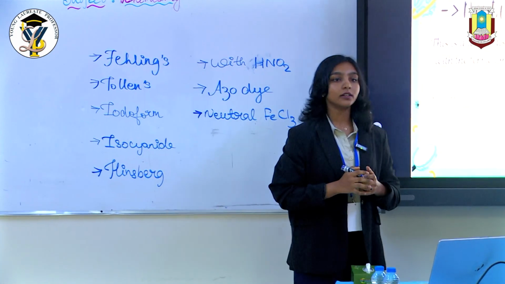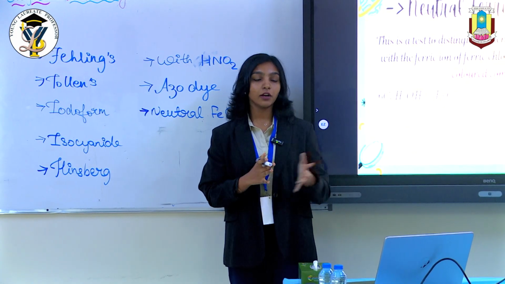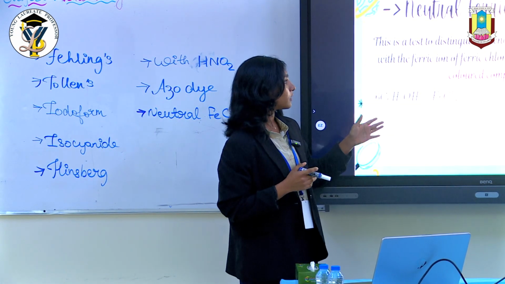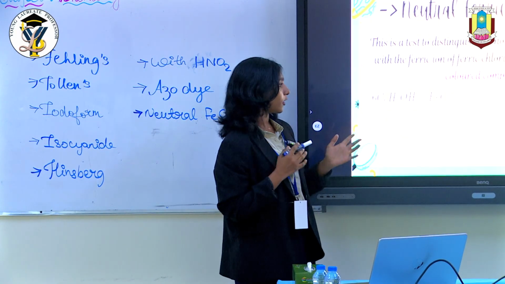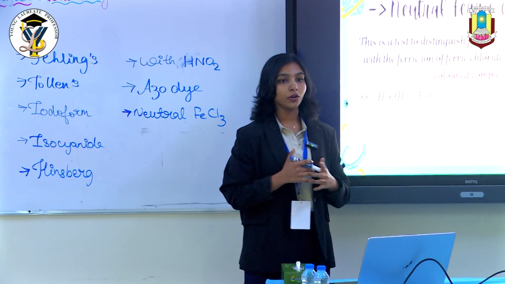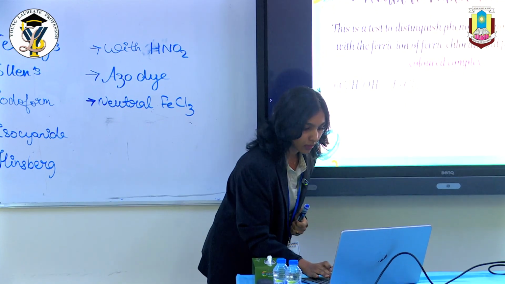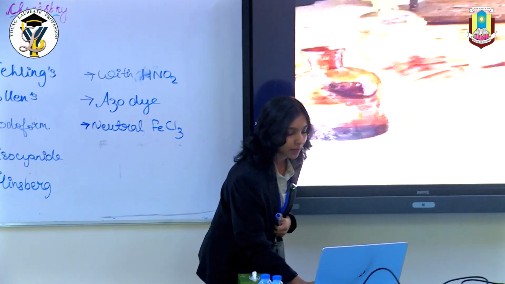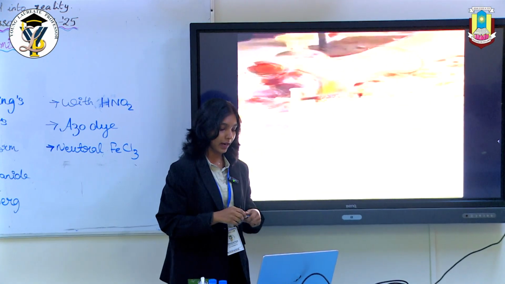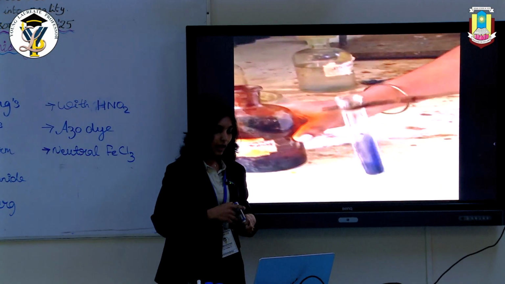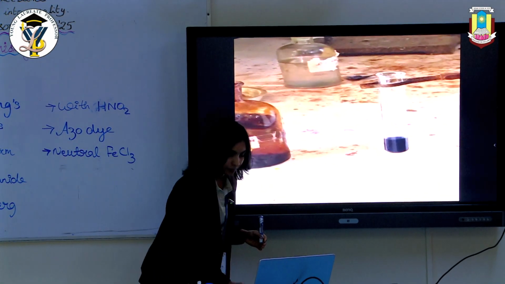This is used for distinguishing phenol from other various alcohols, and so a phenol group reacts with the ferric ion present in ferric chloride to form a violet colored complex, which is hexaphenoxide of ferrate. This test tube contains phenol and neutral ferric chloride is added, and the test tube is then shaken gently and a violet colored complex is formed.